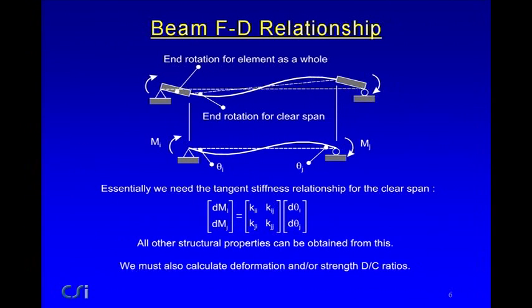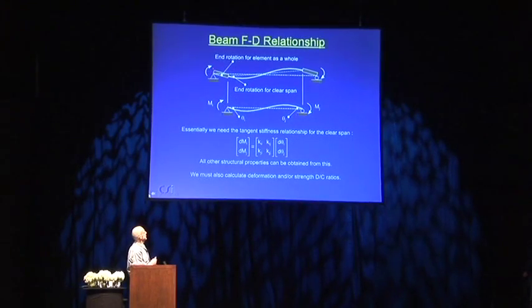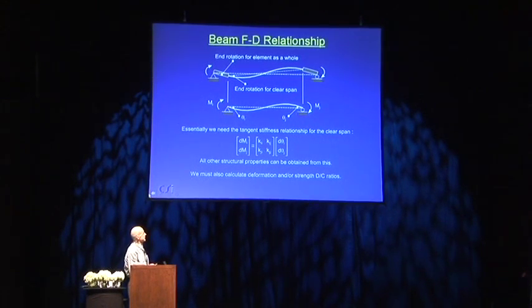And if we're looking at a beam force deformation relationship, don't worry too much about the details here. The top diagram shows the complete beam, and there will be some moment end rotation relationship for the beam as a whole. But the thing we're going to be working on is the moment versus end rotation relationship for the clear span.